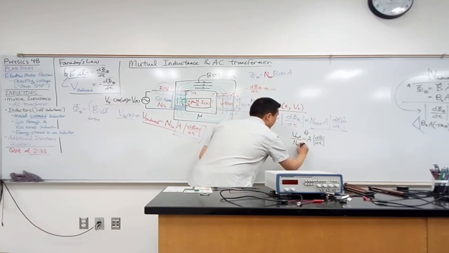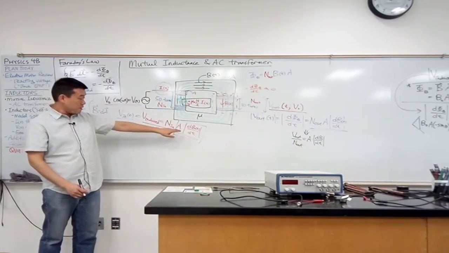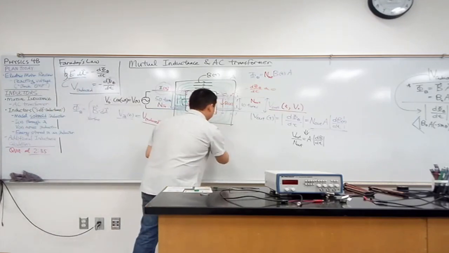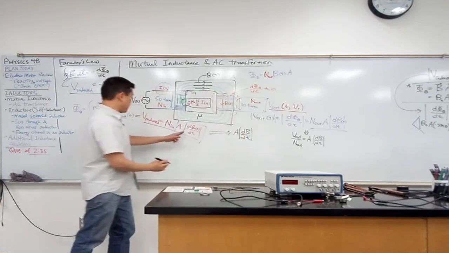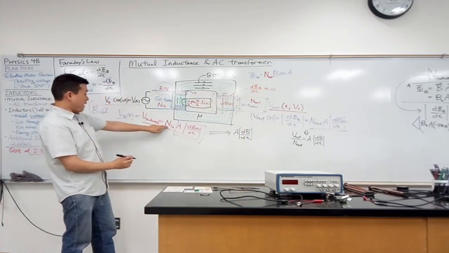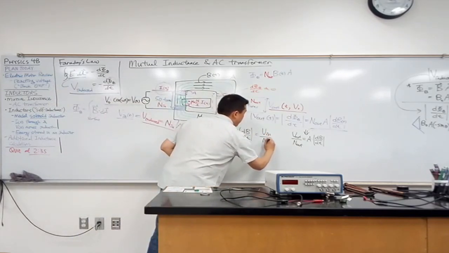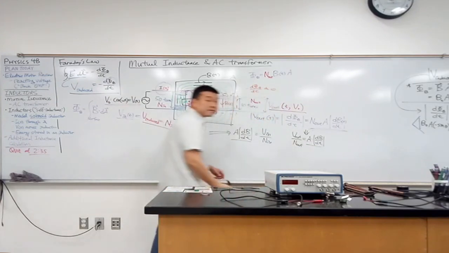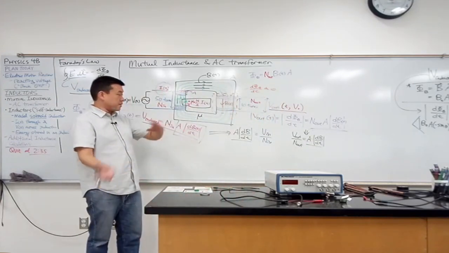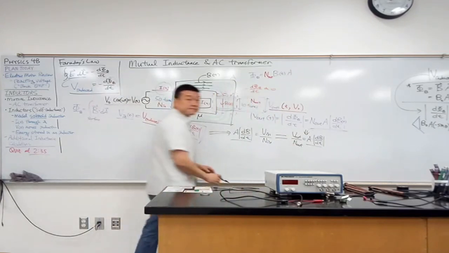V out over N out. And I can do the same thing with this equation. Solve for A times the rate of change of the magnetic field. That's equal to V in over N in. And since this is the same quantity as this, just expressed in different ways, these two are equal to each other.